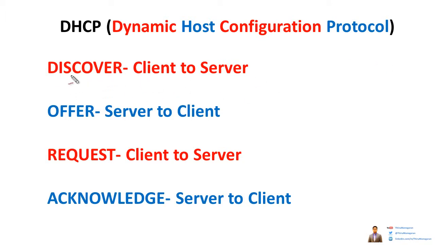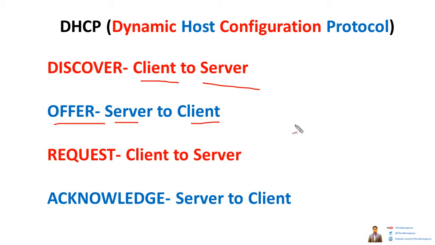The discover message is a broadcast message from the client to the server. It's a discover: is there anyone who can provide me an IP address in order to communicate on this network? And then the offer will come from the server to the client.